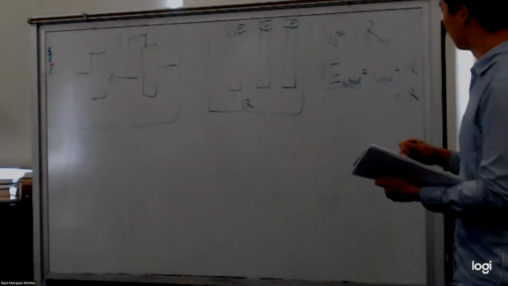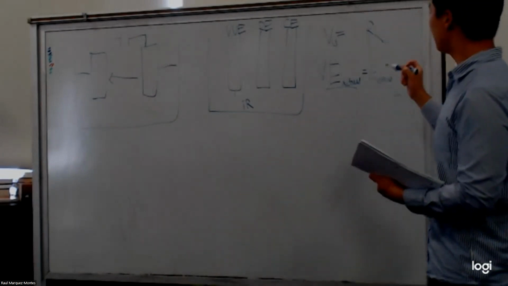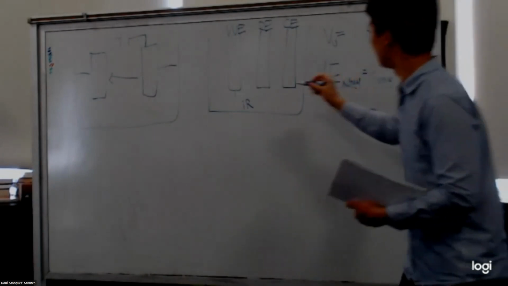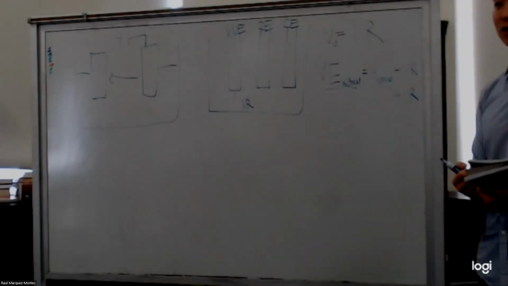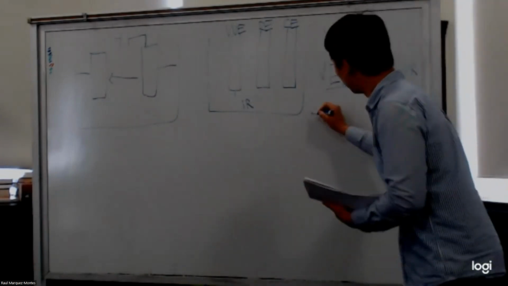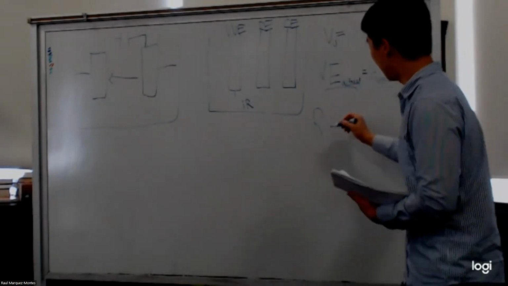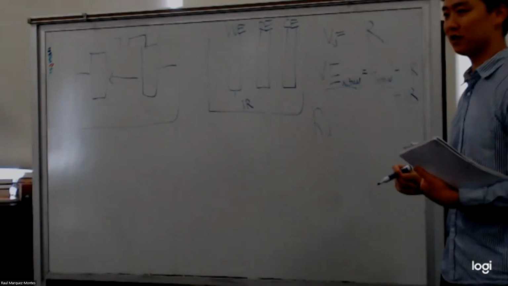So moving on, this uncompensated resistance is mainly coming from the solution resistance between the working and reference electrode. And for now, I'm going to call it Ru, uncompensated resistance.